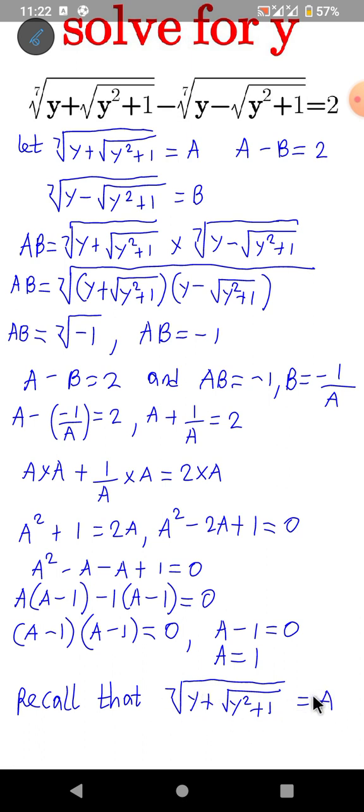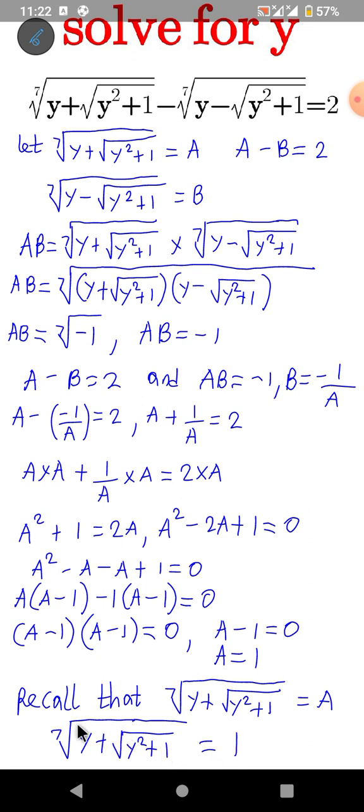Now from here, I'm going to replace this a. Since we have a as 1, I'm going to put this as 1. So we'll write again now. The seventh root of y plus the square root of y squared plus 1 will now be equal to, a is 1, so we'll put 1 here now.